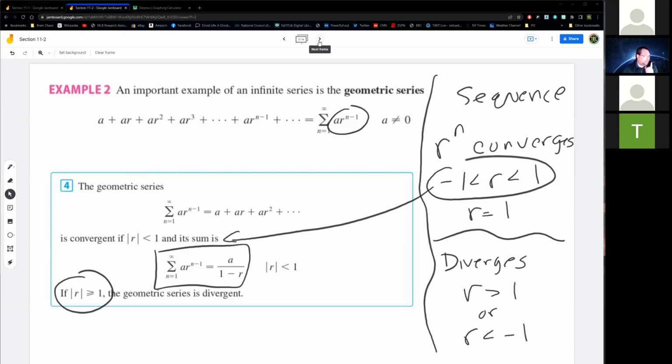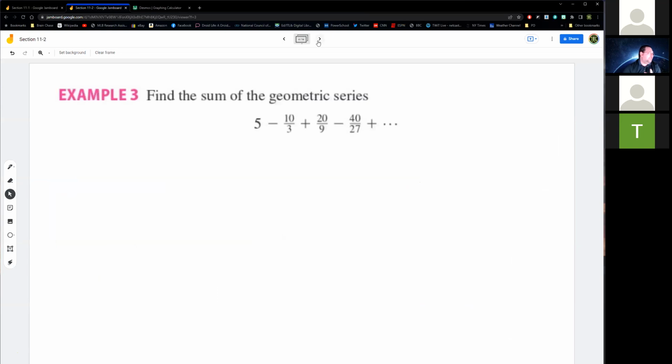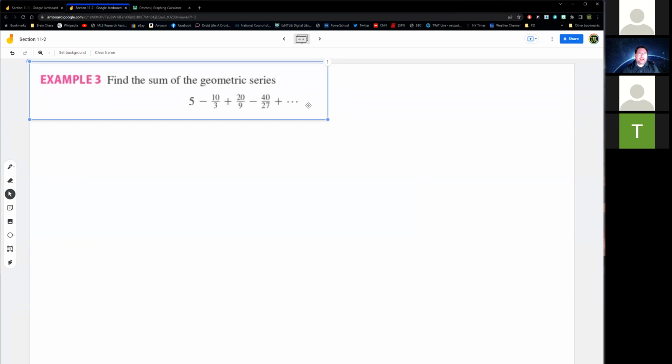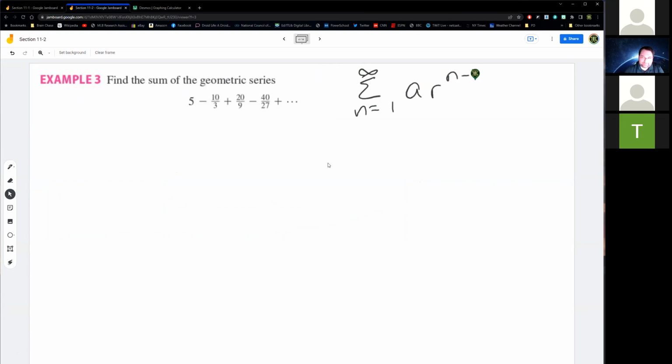So the next problem we were going to do actually was doing that. So let's actually do it. Here we've got our geometric series. Let's find my equation for it. Remember, it's the summation of n goes from 1 to infinity of a r to the n minus 1.